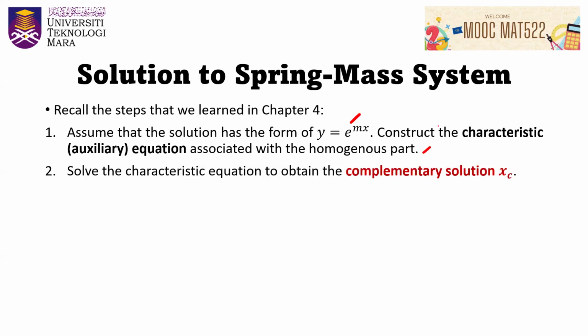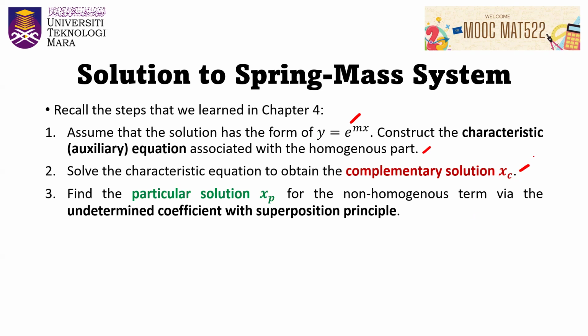Then we proceed to solve the characteristic equation to obtain the complementary solution x_c. If the differential equation contains a non-homogeneous term, then we further find the particular solution x_p for this non-homogeneous term via undetermined coefficients with the superposition principle.